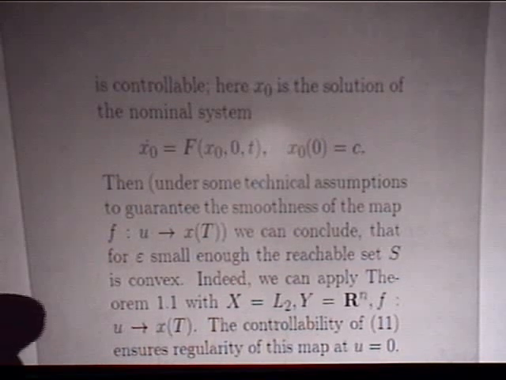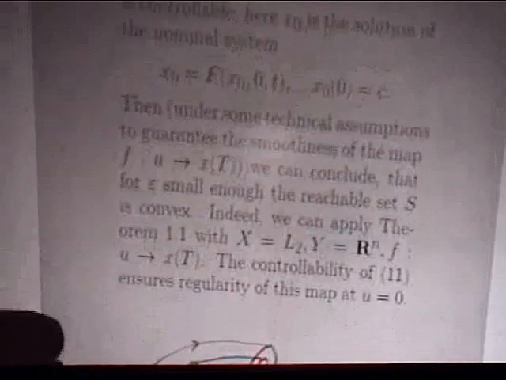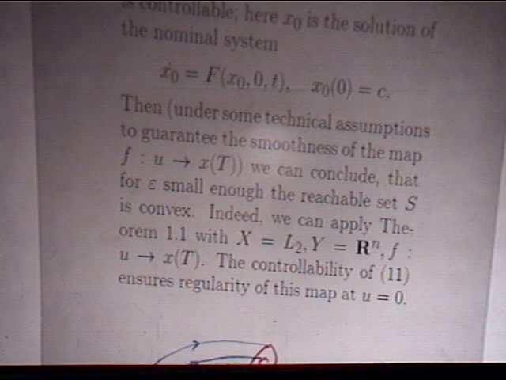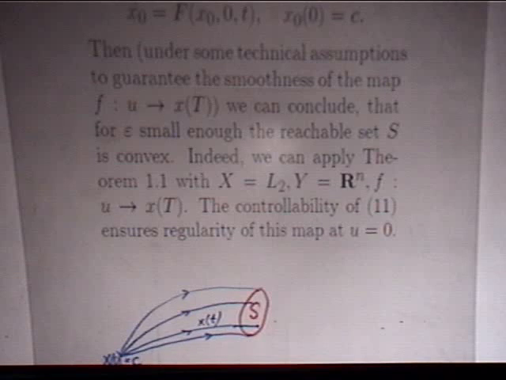So it's the controllability property. And then we also have some technical assumptions on smoothness of the right-hand side of our system. It's not a problem. But again, the result is that if epsilon is small enough, then the reachable set is convex. So the system is nonlinear, but the reachable set is convex.